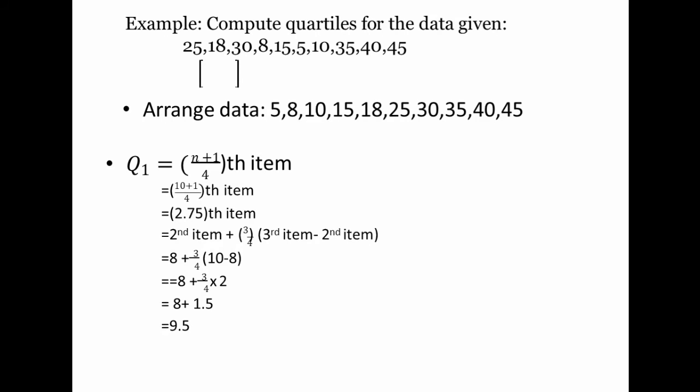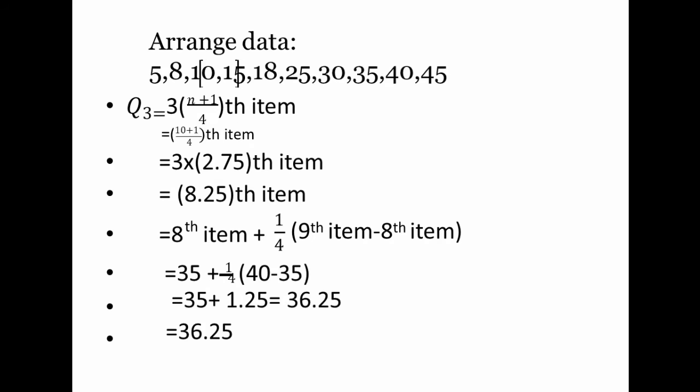The position of Q1 will be equal to the (n plus 1) divided by 4 item, and the position of Q2 is 2 into (n plus 1) divided by 4, and the position of Q3 is 3 into (n plus 1) divided by 4.